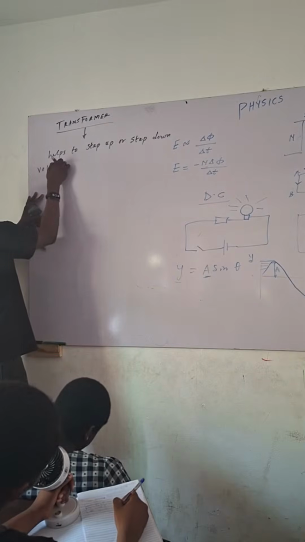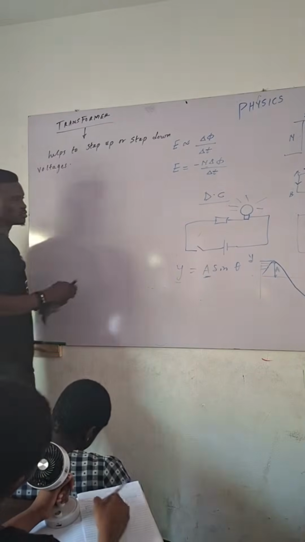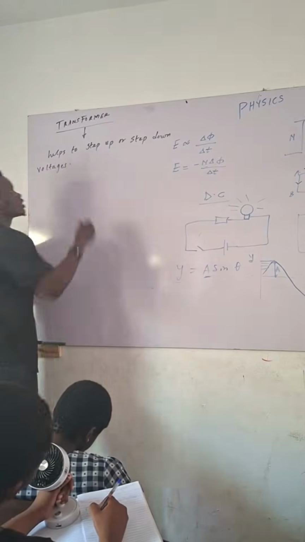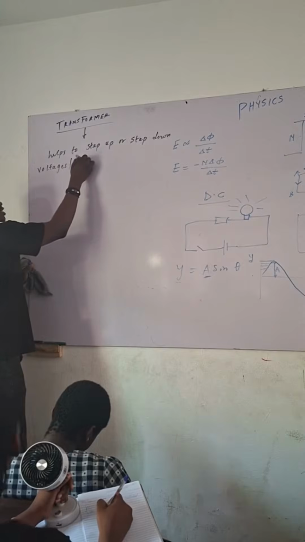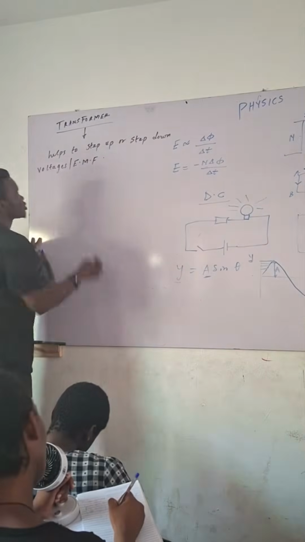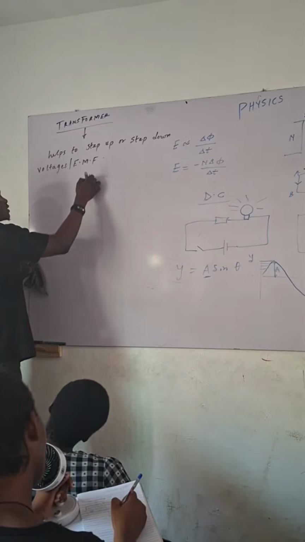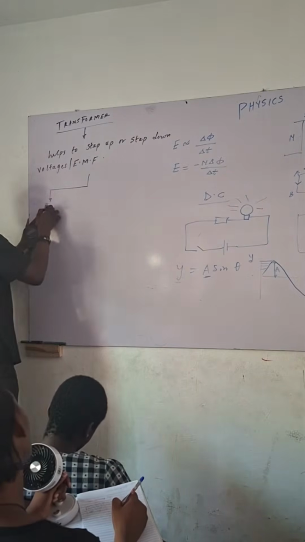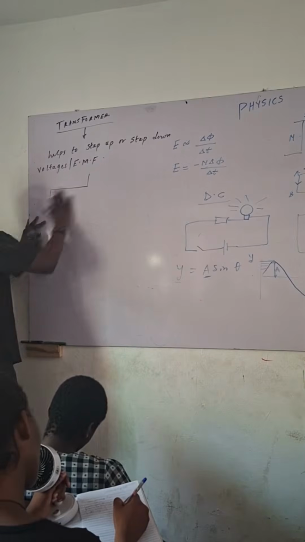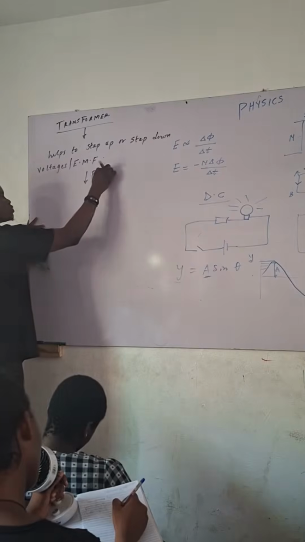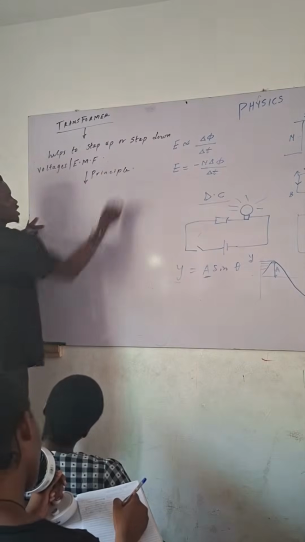voltages. Let me put it in a simple term. Potential difference, EMF, all of those things, they are talking about voltage. So your transformer has two parts. The working principle: how does a transformer work?